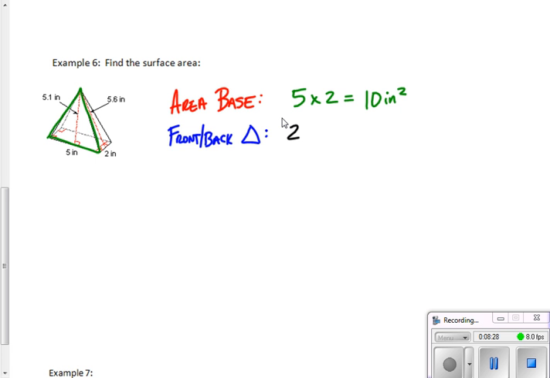So I have to multiply by 2. And we know to find the area of a triangle, it is 1/2 times the base. Well, the base of that front face is going to be 5 inches times the height, and that is the slant height on the surface, which would be 5.1. Do your computation, and we come up with 25.5 inches squared.